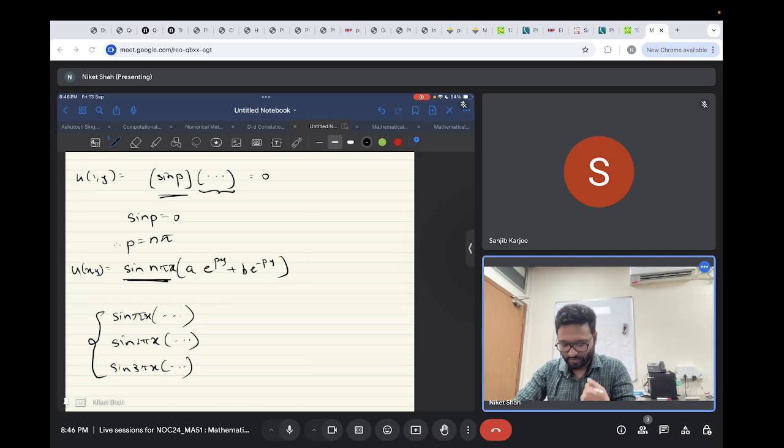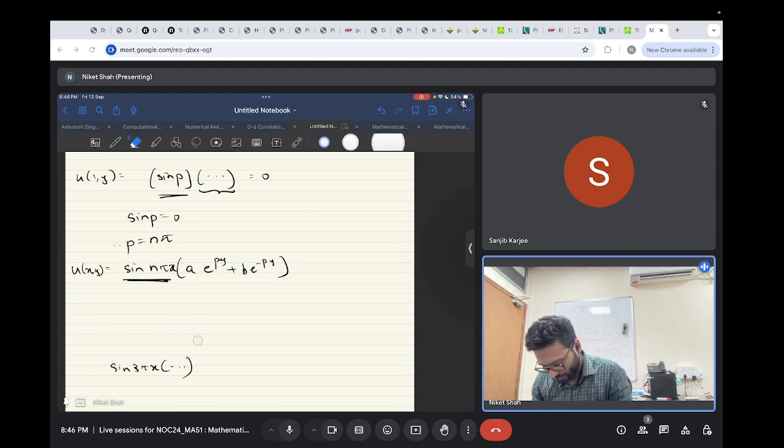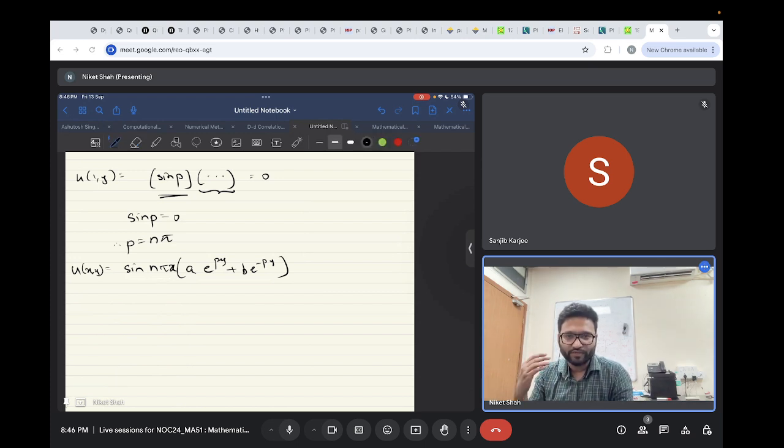Just sine pi x or sine 2 pi x individually will not be able to give me that boundary condition, but this can. So that's why at this step we generally write a Fourier sine series. As a method, I just started doing it, but we should generally understand it properly.